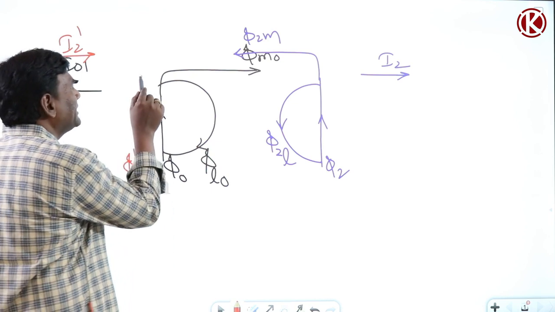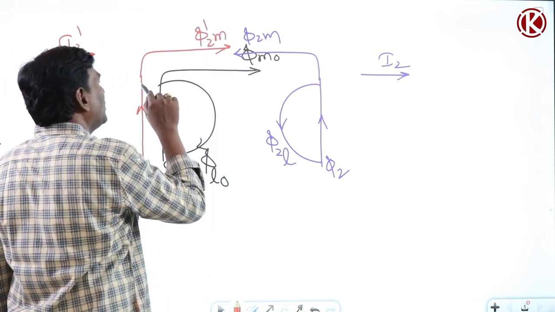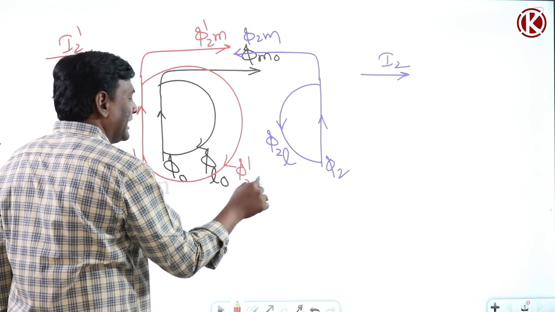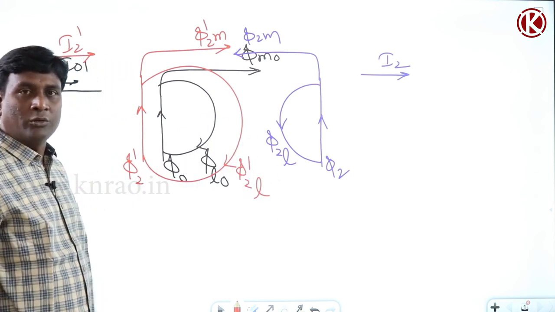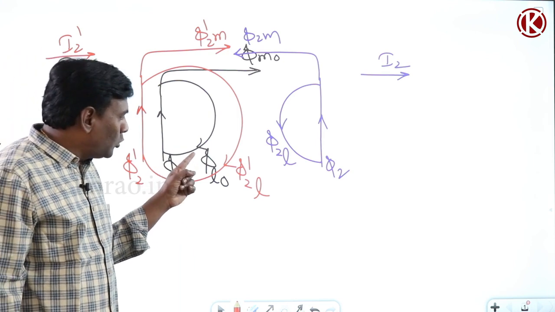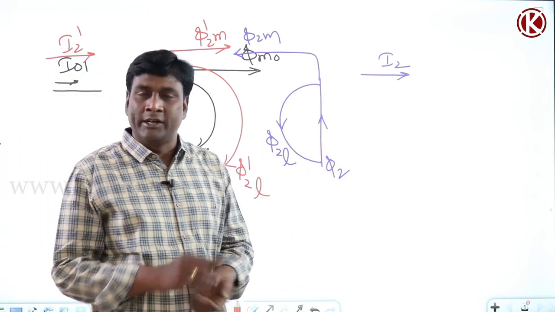Out of that phi 2 dash, phi 2 dash M will flow like this, and phi 2 dash L will flow like this. So my total leakage in the primary is going to be at no load conditions plus loaded conditions. In the secondary it is going to be loaded conditions.